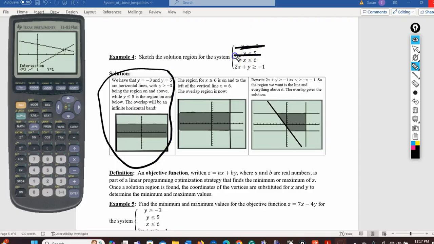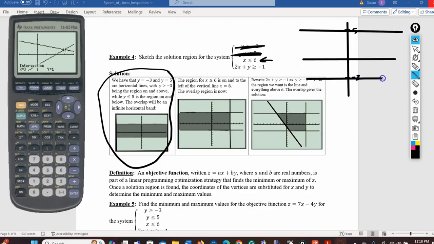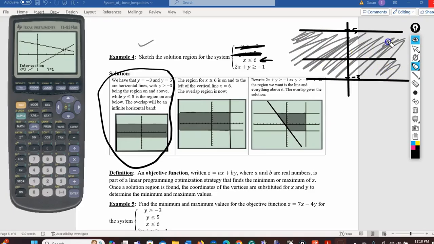All right. So that eliminates those. And now I'm going to take this graph and incorporate that region. So right now I've got this region. It goes on forever. But now I'm going to incorporate this part in.